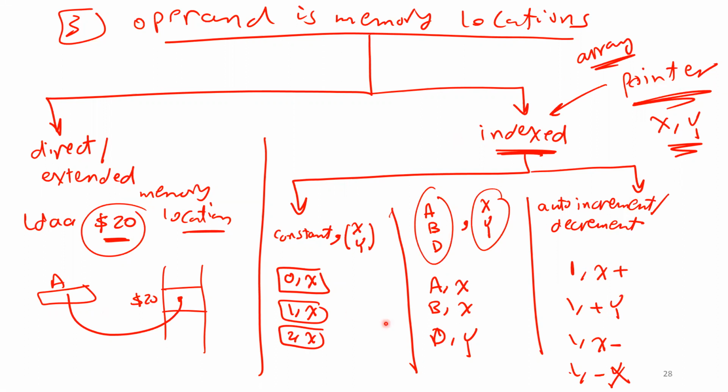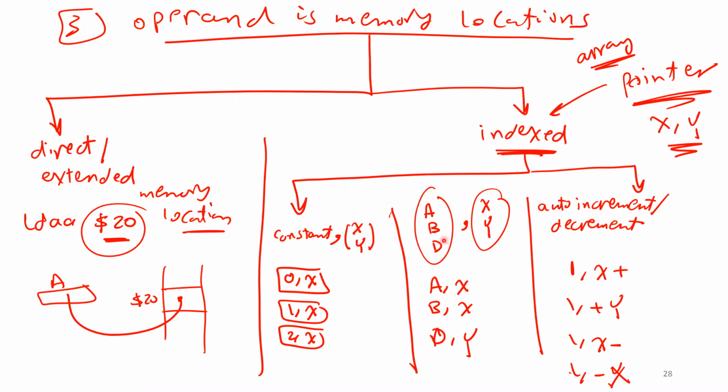Keep in mind, everything here is memory, right? Here, the address is 20. However, in all these cases, because they are indexed, because you are using a pointer, the address should be stored in a register. So your address has to be in a register.